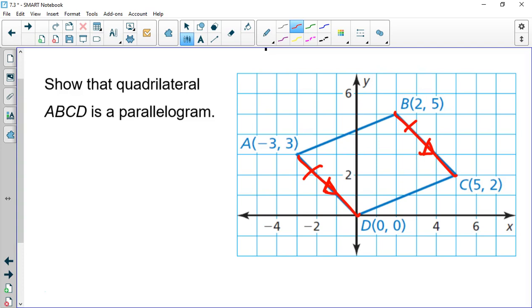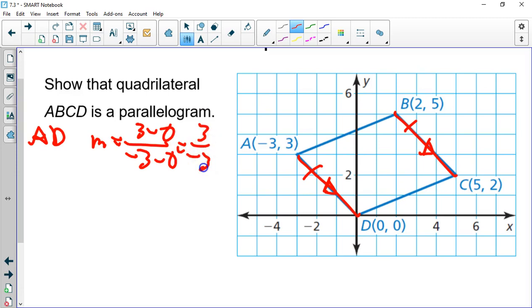Okay? So that means we need to find the slope for both. So for AD, the slope is going to be y minus y over x minus x, which is 3 over negative 3 or negative 1. Now, here's the beauty of this.